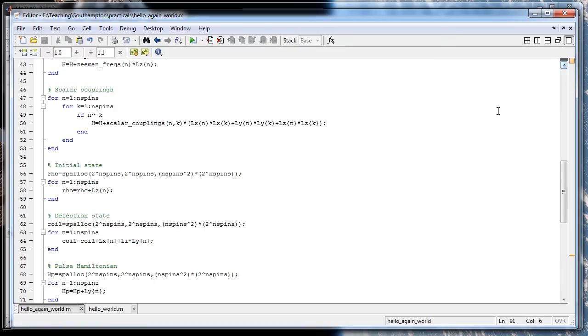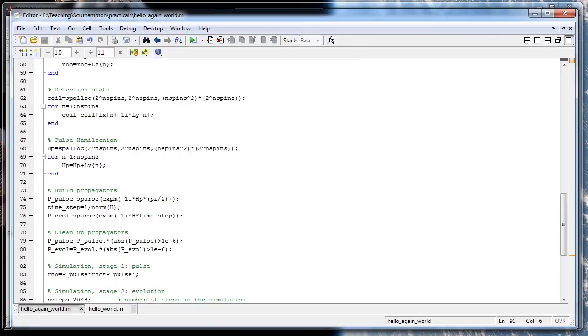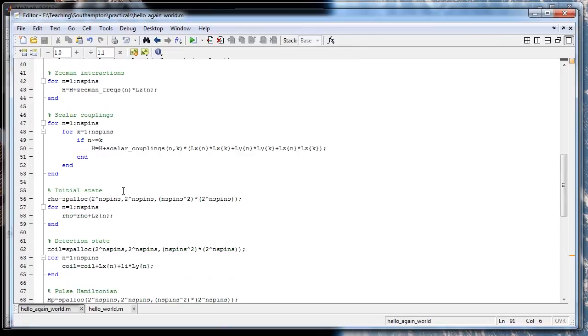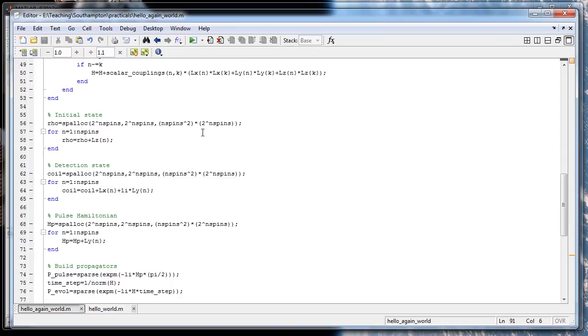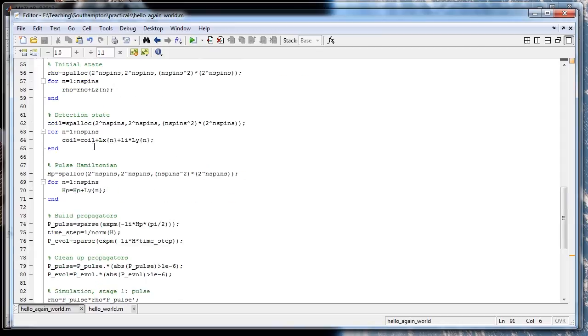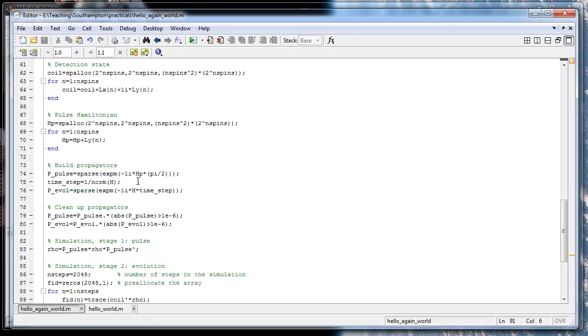And well, the little sign in here is yellow, but it's only yellow because I haven't terminated this with a semicolon, so it will be printing to the console, and everything else looks like it's going to run. So we've got the Hamiltonian here, we've got the initial state, nowhere to make any mistakes really, same for detection state, same for the pulse operator.